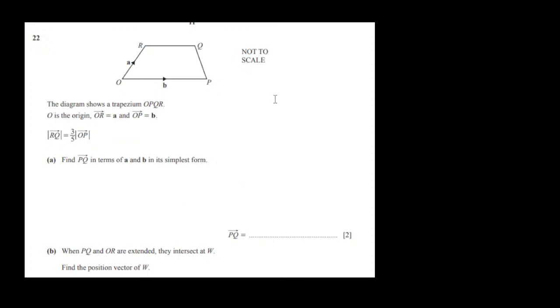Now here, question number 22. The diagram shows a trapezium OPQR. A and B are given, and RQ is given as 3 divided by 5 times OP. OP is what? B. So 3 divided by 5 times B. Find PQ in terms of A and B. So you simply say that PQ is PO plus OR plus RQ.